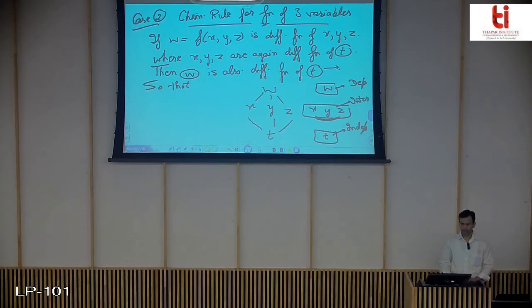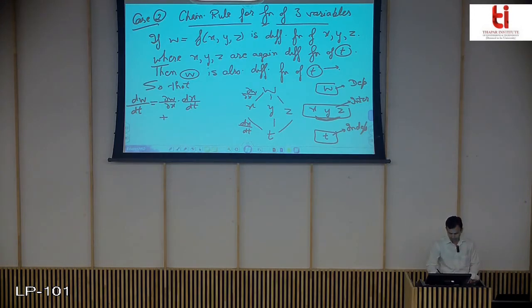Okay, so I am just writing here dw by dt. So dw by dt equals del w by del x, path 1 branch 1, dx by dt, path 1 branch 2. So you multiply this del w by del x dot dx by dt, it comes from path 1.